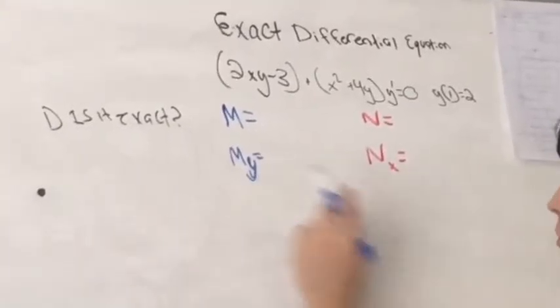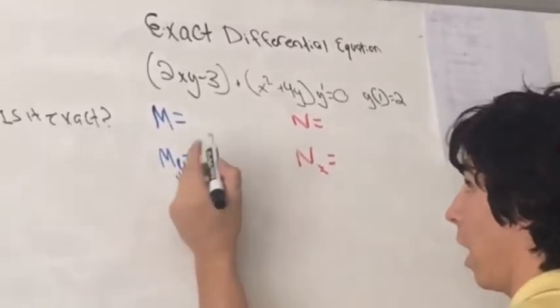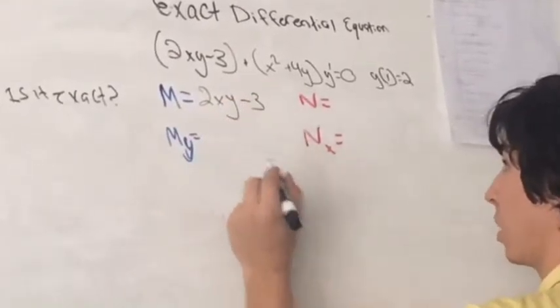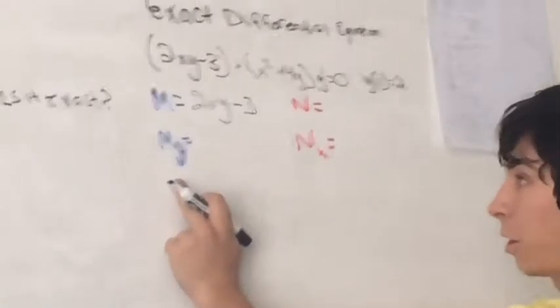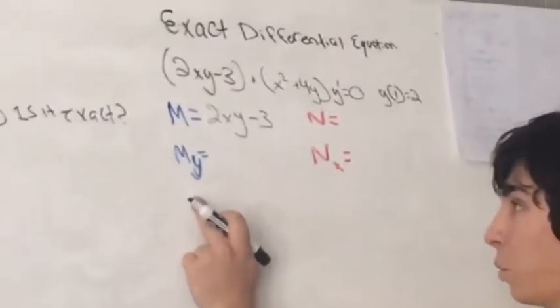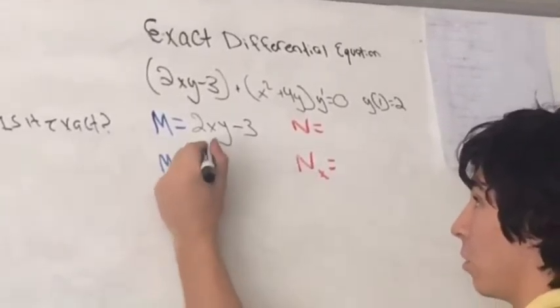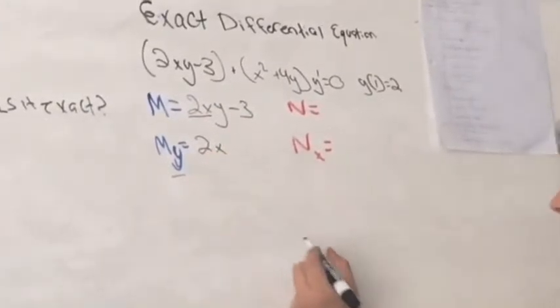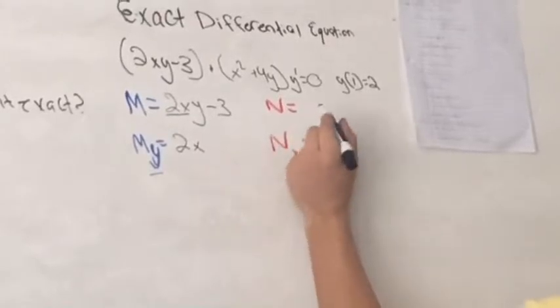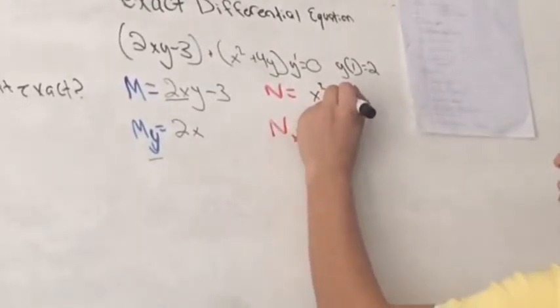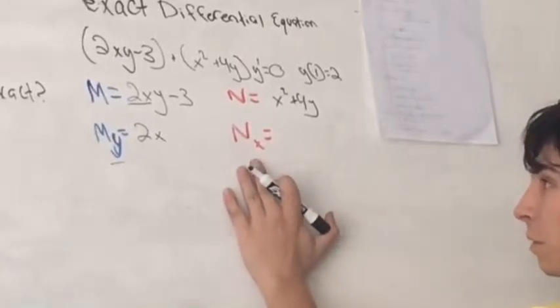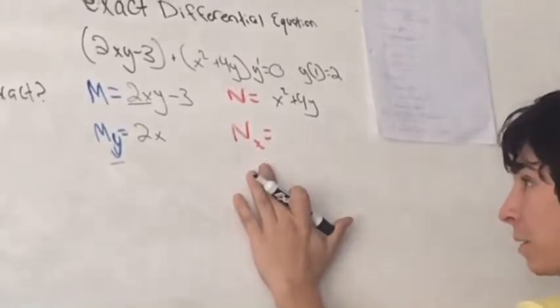By doing this, we find out what our M is, which is going to be 2xy minus 3. And then we find the derivative of M with respect to y, which, since x is a constant, we get 2x. Then we find our N, which is x squared plus 4y, and we find the derivative of N with respect to x.